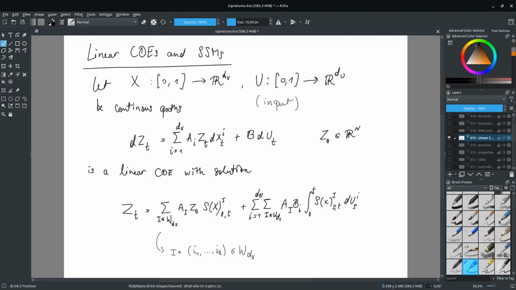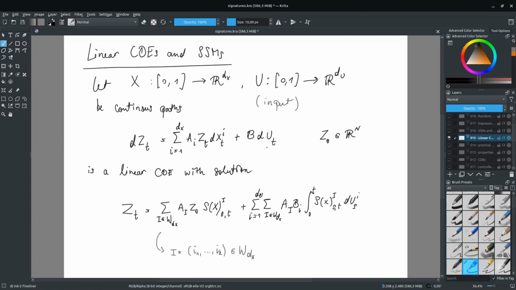So I have a linear map A applied to Z, where Z is my state, over dx, and then B times my input, so B is more straightforwardly the input term, and Z is the state in the state space models. So let's say I have this linear control differential equation.